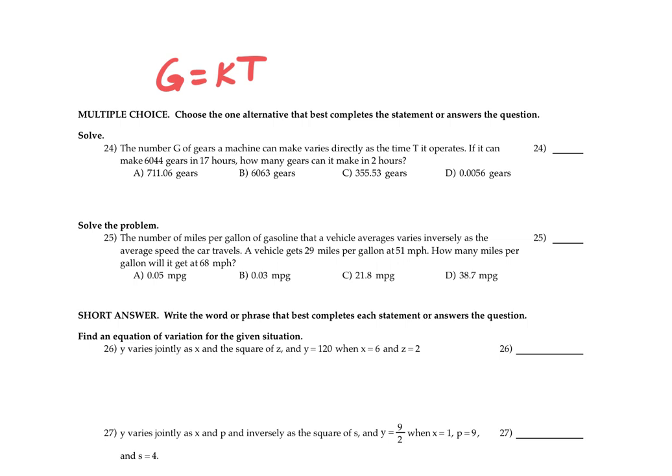And then it tells me in the first sentence, if it can make 6,044 gears in 17 hours, first thing I got to do is find my K value. So we're going to divide by 17. Now, if I divide 6,044 by 17, does it come out to be a nice whole number? No. Okay? So here would be my recommendation.